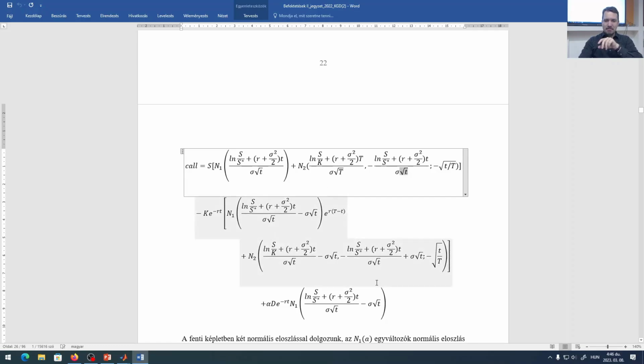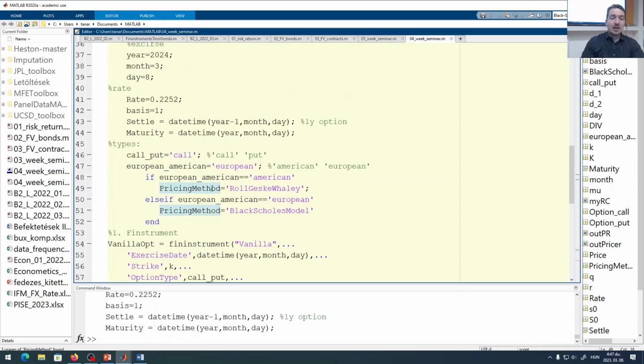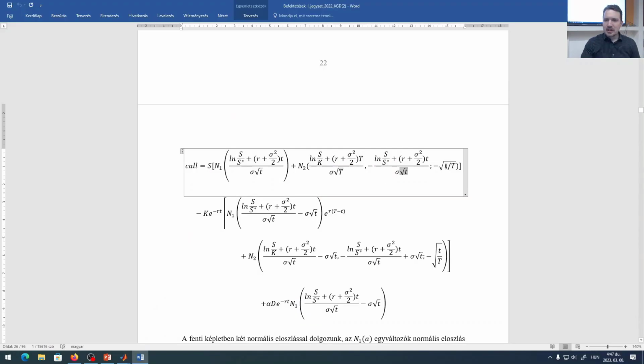So yeah, it's ugly. But that's why we have MATLAB, because with the Roll-Geske-Whaley option pricing, if we are just setting it to American, then automatically this variable will be set to this function. The question is that this Roll-Geske-Whaley, the other American option valuation, would require this small t.